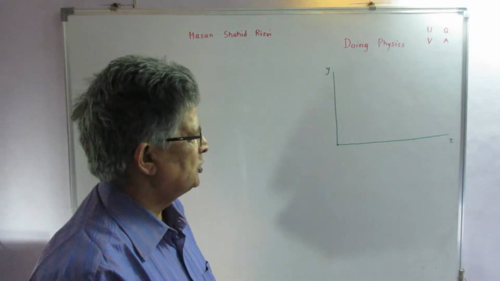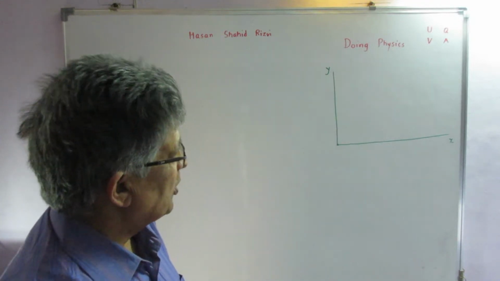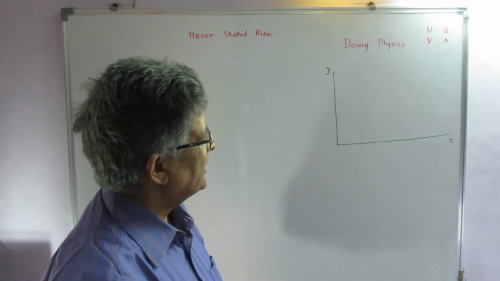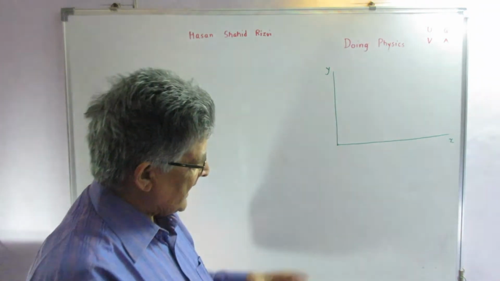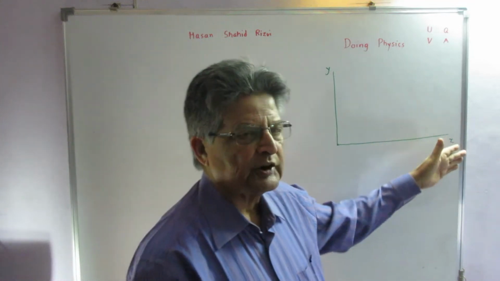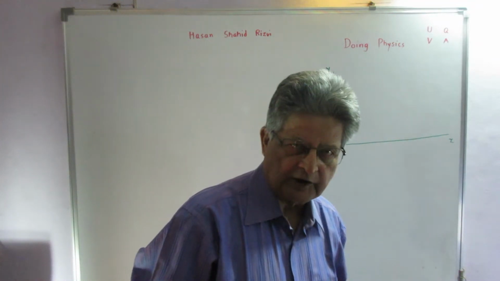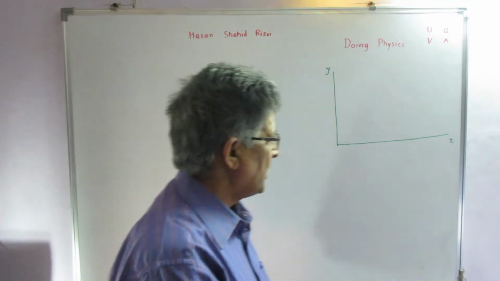Throw a stone, throw anything, but you know that there is an acceleration in the y direction. We'll take the acceleration in the x direction to be equal to 0. There is no acceleration in the x direction in the case of projectile motion.